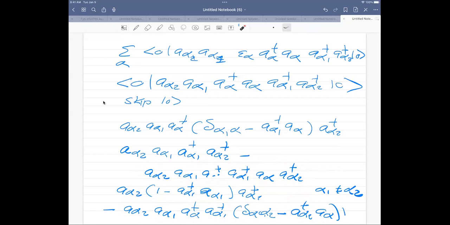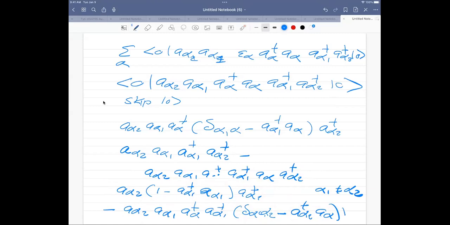So if you look at this term, what I have done now, I have a Kronecker delta. So this term gives 0. I have a chain of operators here as well, which I need to take care of. And then I have this operator here, where now alpha is equal to alpha 2. So I can then rewrite this operator in terms of alpha 2.